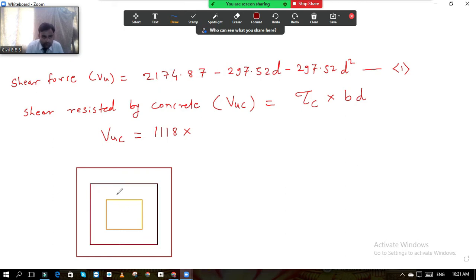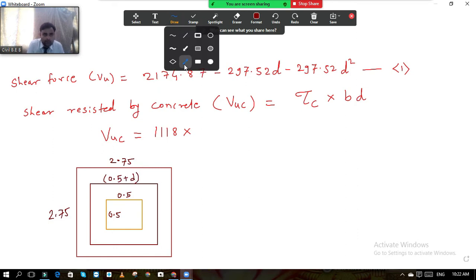This is 0.5, this is also 0.5, this is 2.75 meters, this is also 2.75 meters, and this is 0.5 plus d. How is it 0.5 plus d? Because if you measure these distances, both are d by 2. So the critical section is at a distance of d by 2.